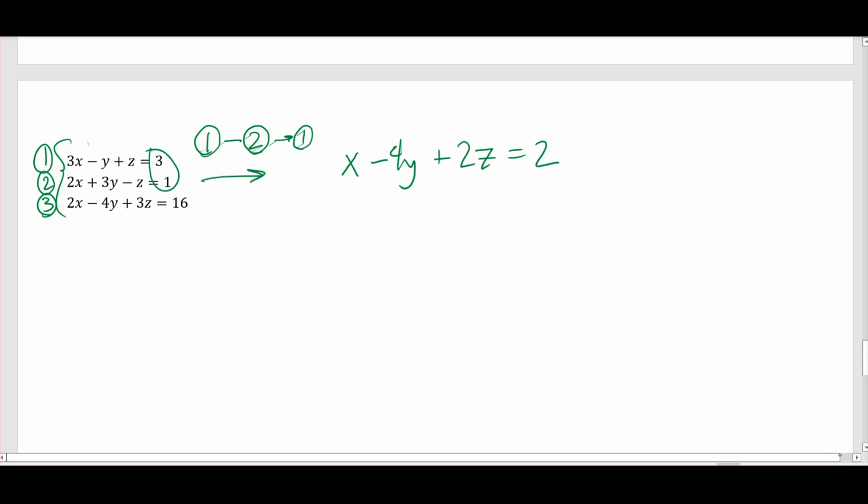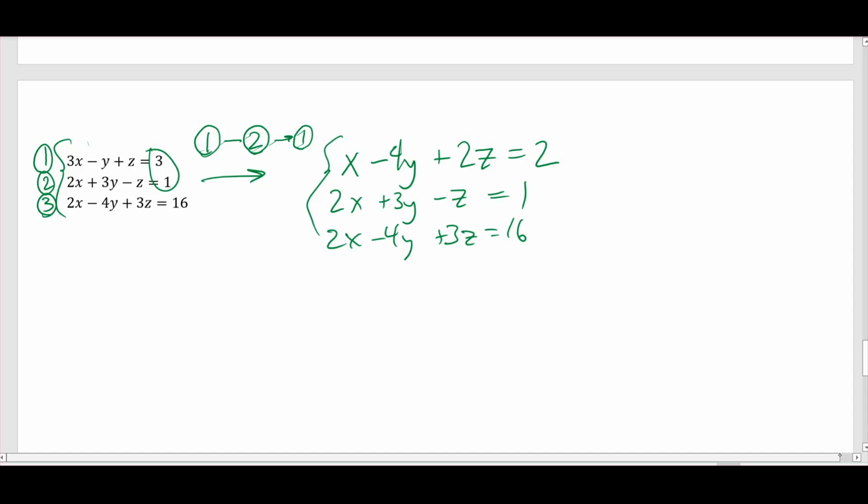We didn't change anything about the other ones. So we've got 2x plus 3y minus z equals 1, and 2x minus 4y plus 3z equals 16. All right, so there's our new system. Well, it's not a new system, it's an equivalent system.